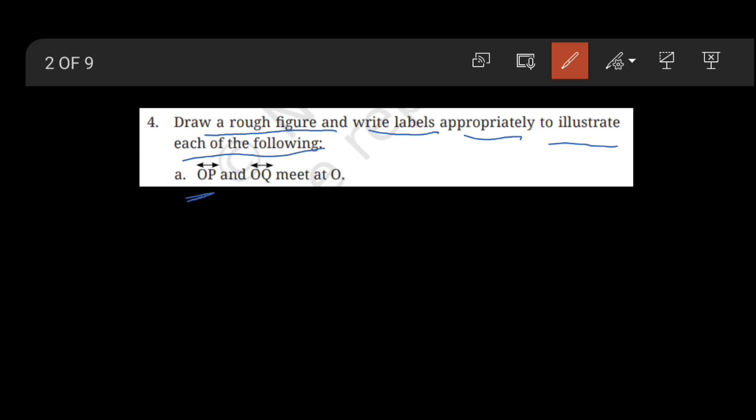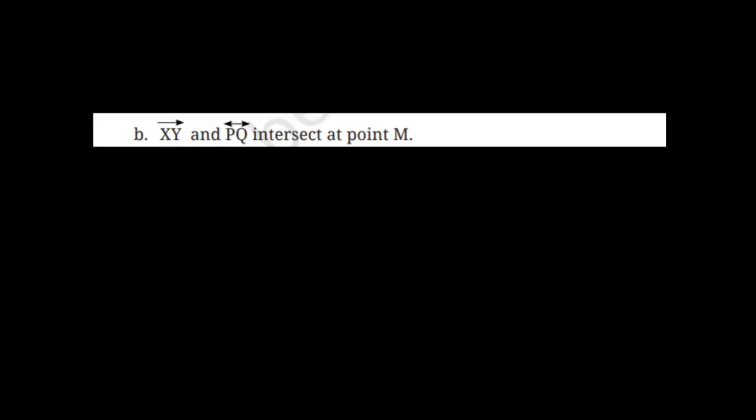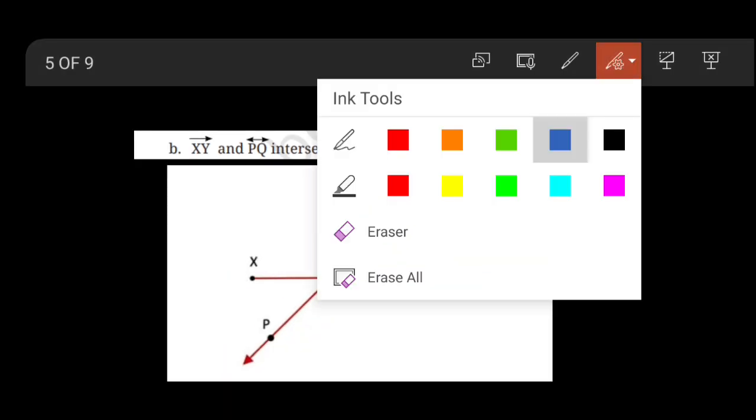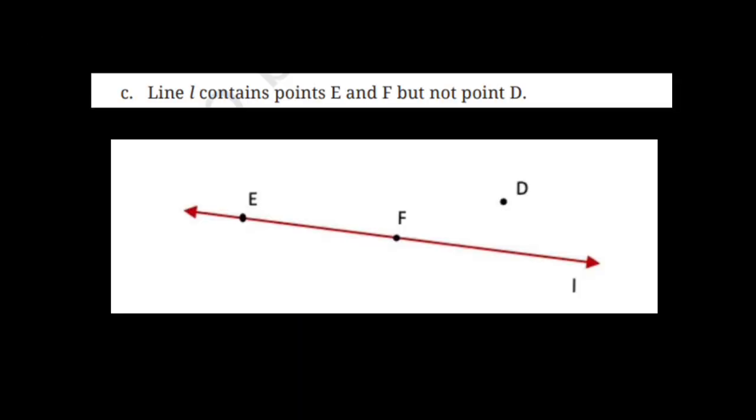We have to draw line OQ and line OP, sorry, which meet at point O. Ray XY and line PQ intersect at point M. So we have ray XY and line PQ which meet at point M. Line L contains points E and F but not point D. A line can also be named by a small letter.